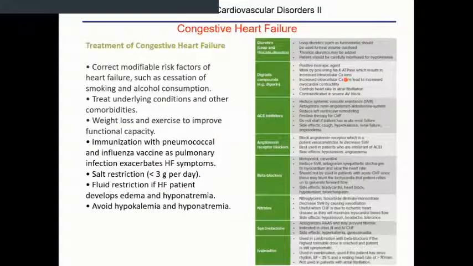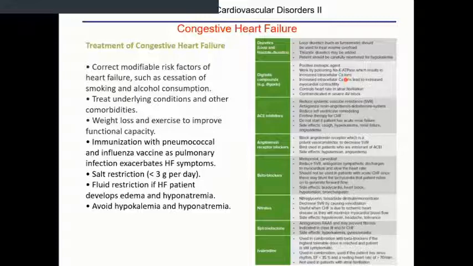So treatment of your heart failure is first to correct modifiable risk factors for heart failure, such as of course cessation of smoking and alcohol consumption. And we know that both of these substances have direct toxic effects to the heart, and they can lead to heart failure. You can also treat underlying conditions and other comorbidities, like, for example, diabetes mellitus or hyperlipidemia, and correct these conditions.